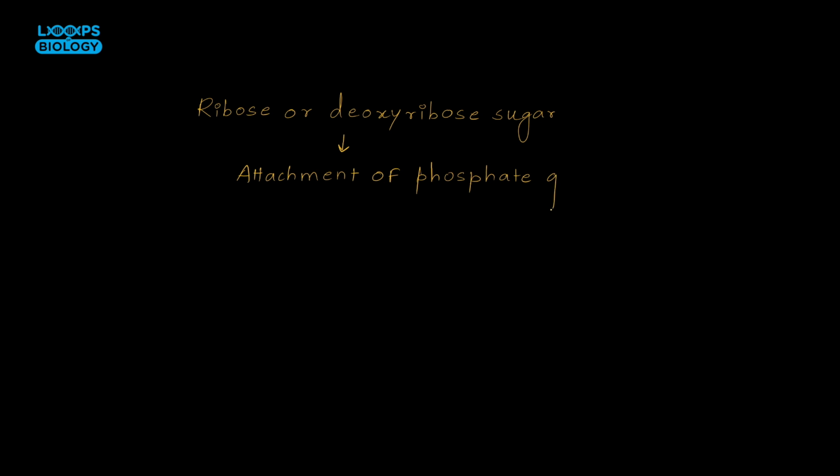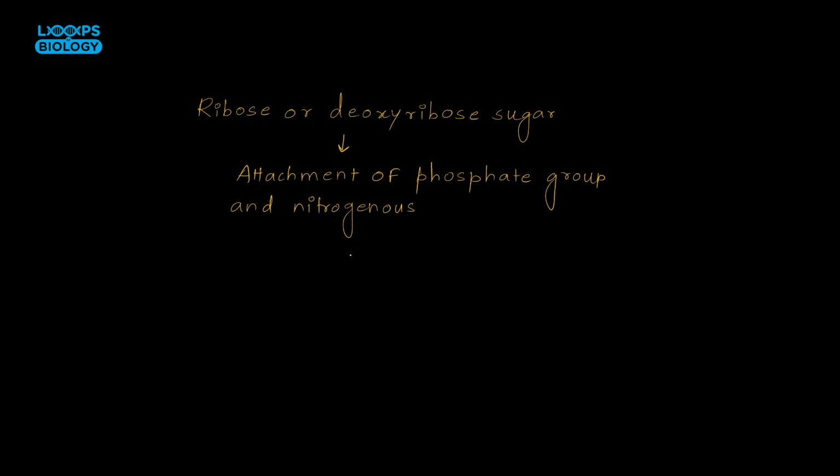Whenever I am considering ribose or deoxyribose sugar to be a part of DNA, this sugar is basically helping for attachment of a phosphate group and a nitrogenous base. So whenever the sugar is formed, this sugar helps for attachment of the phosphate group and nitrogenous base.